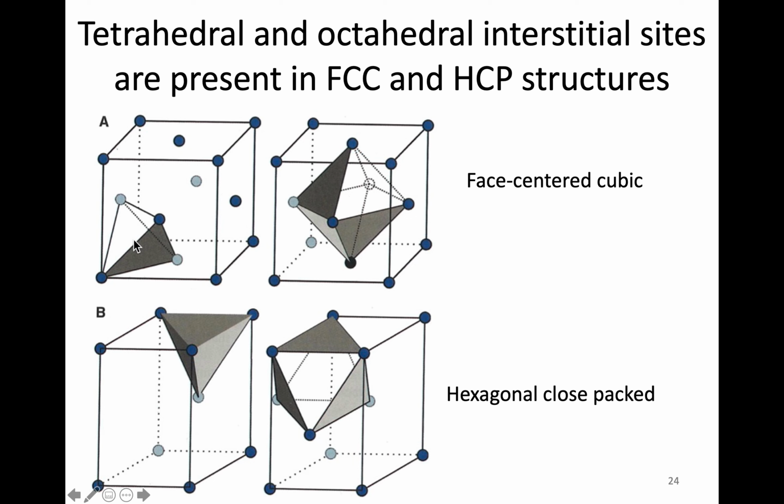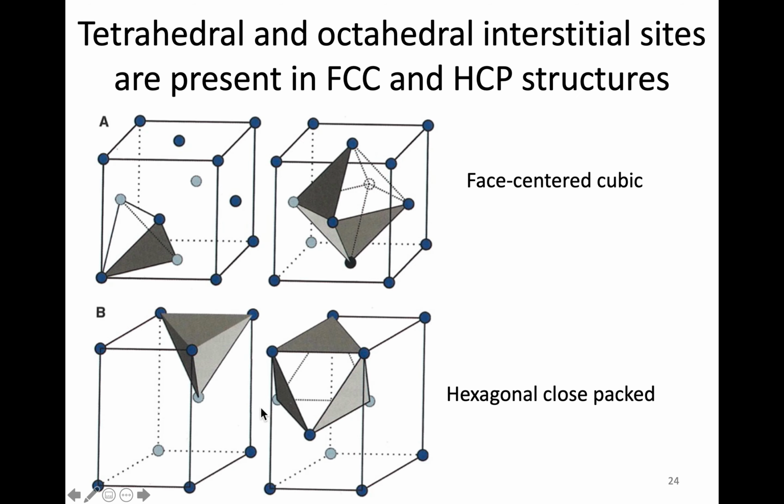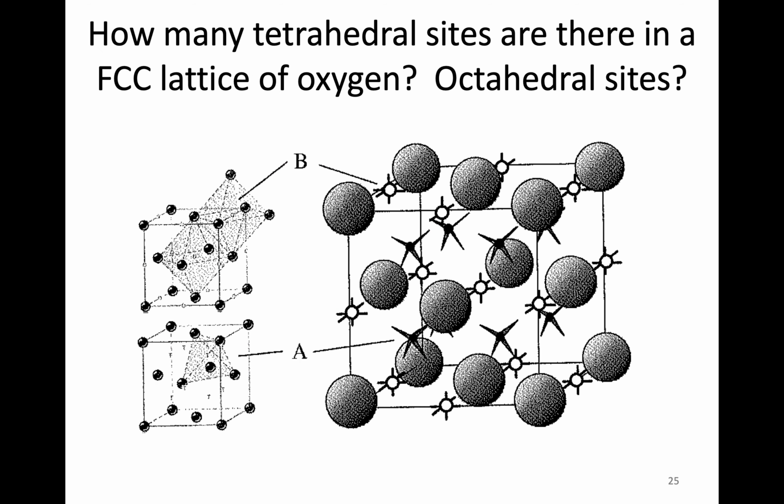So coordination 4, coordination 6. Same thing with the hexagonal. Here you can't see the hexagonal shape because we're representing it by a smaller unit cell, but you can still see where the tetrahedral locations are coordinated by 4 and where the octahedral locations are coordinated by 6. All right, so let's see how that schematic works.